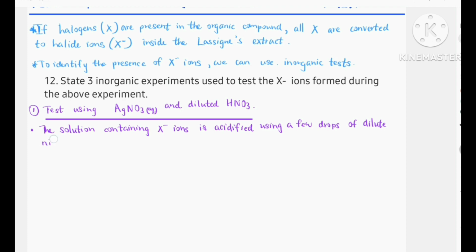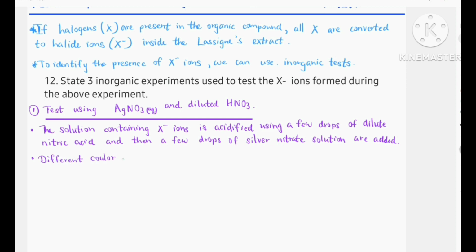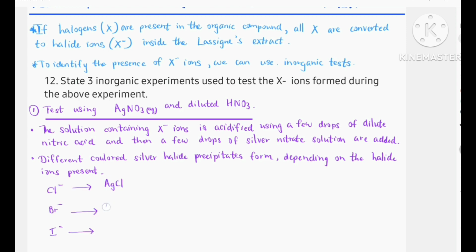The solution containing halide ions is acidified using a few drops of dilute nitric acid, and then a few drops of silver nitrate solution are added. Different colored silver halide precipitates form depending on the halide ion present.